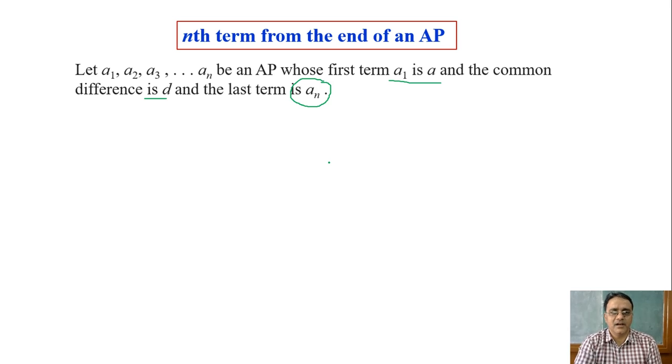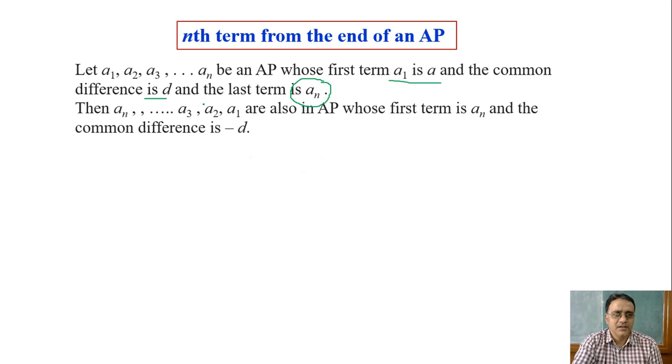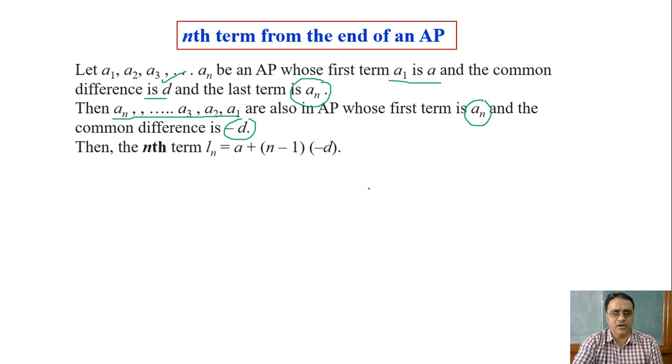So AN, A3, A2, A1 are also in AP, whose first term is AN and the common difference is minus D with respect to this D. Now we can use the normal nth term formula, that is A plus n minus 1 into minus D.